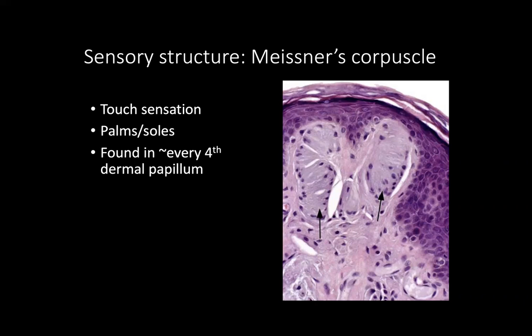And the Meissner's corpuscle, which is present in every fourth dermal papilla, is responsible for translating that mechanical signal down to the deeper nerves and then all the way up to your brain, so you can feel that sensation. So really, Meissner's corpuscles are kind of an under-recognized and underappreciated part of the skin, but very important.